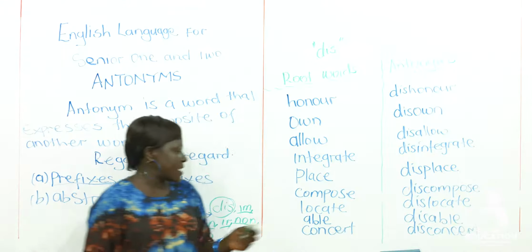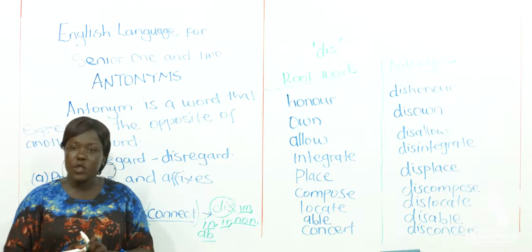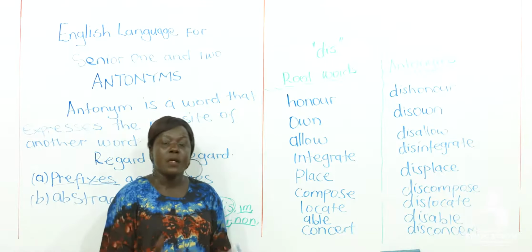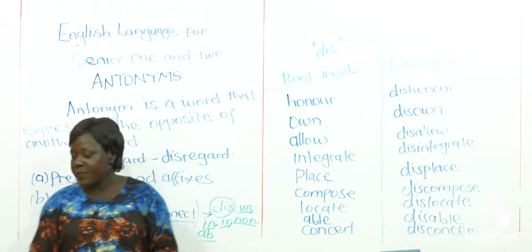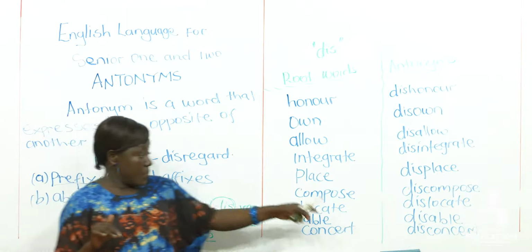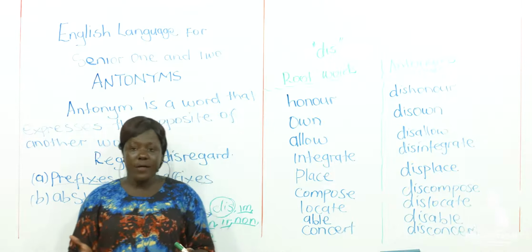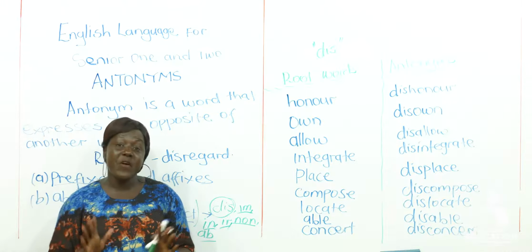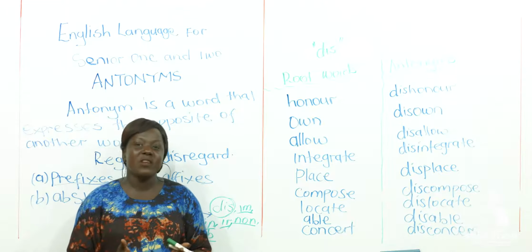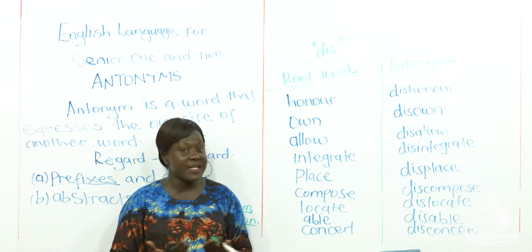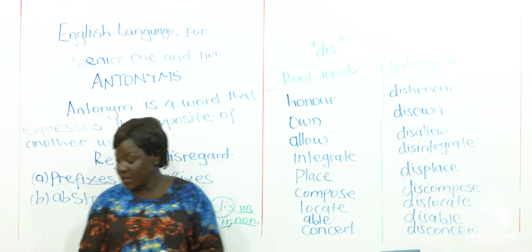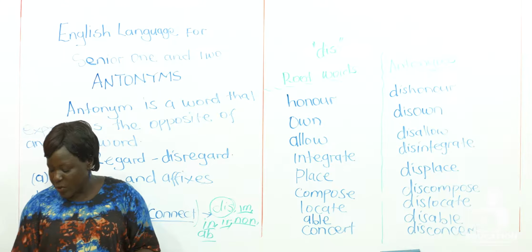So you see, just by adding this, you would have formed so many opposites of that very root word. Let us go on and see very many examples. Then we'll also learn how to construct sentences using these very many examples.